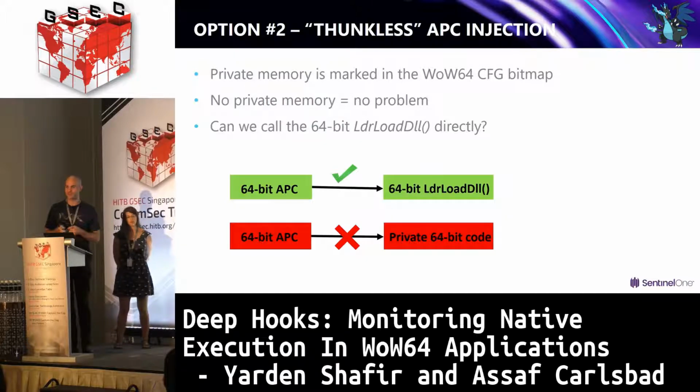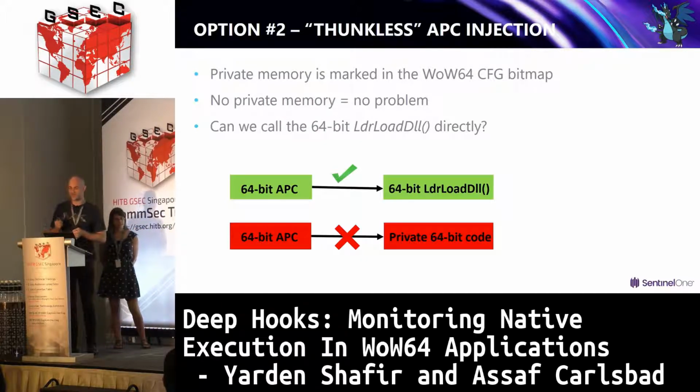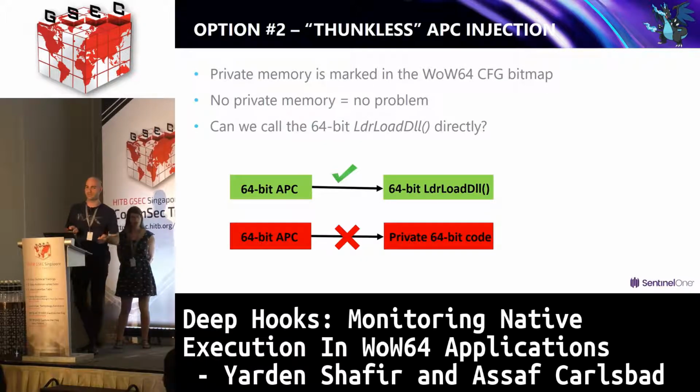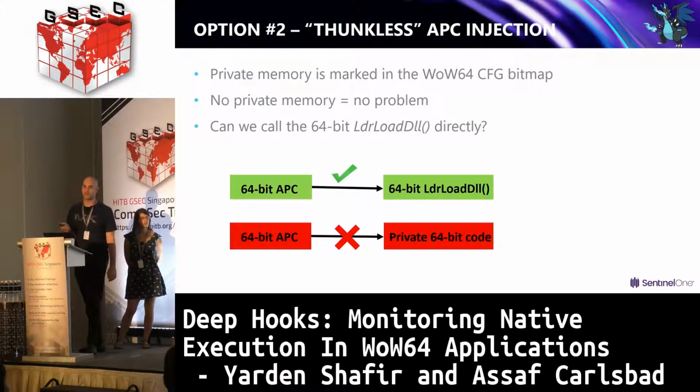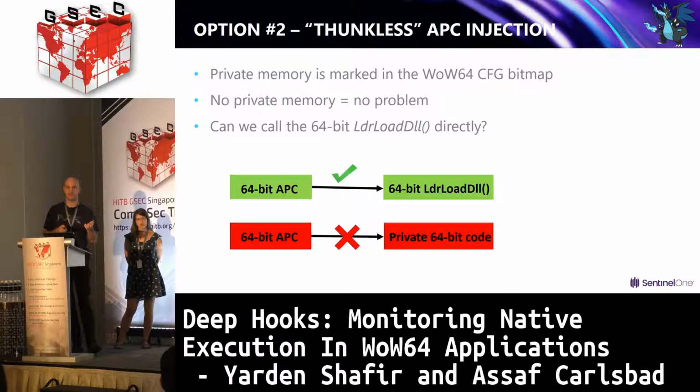So at this point, we decided to mentally zoom out and really rethink our problem in the first place. To recap so far, we have an APC injector, which works by allocating an adapter func. And the problem is caused by the fact that our adapter func is marked in the WoW64 CFG bitmap.